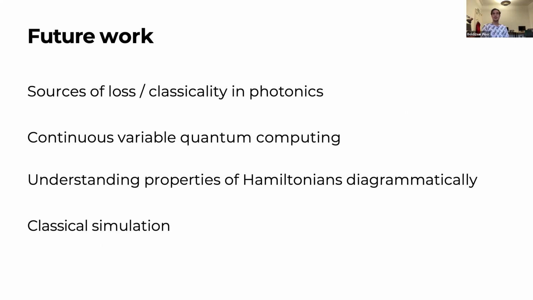In photonics, one of the nice things is that error is maybe a bit better than in qubits, but you still have photon losses. And how do you express this photon loss? Continuous variable quantum computing: here what we did was reasoning in the Fock space.